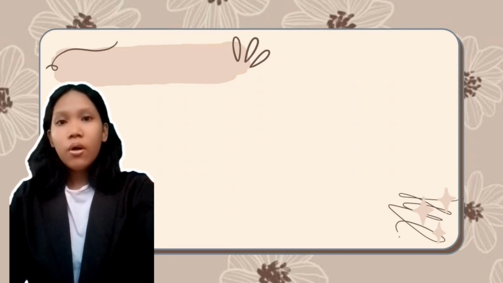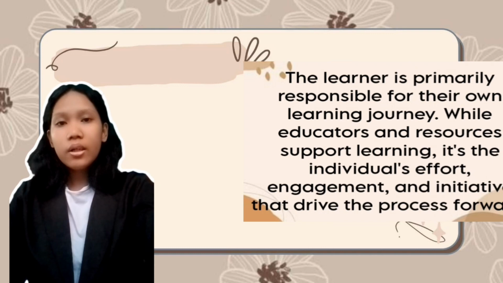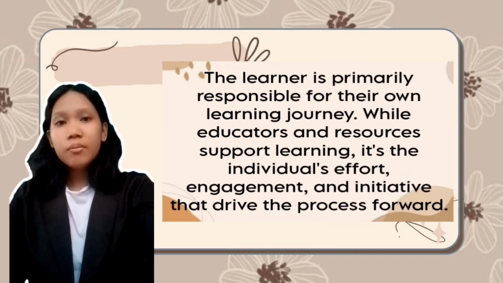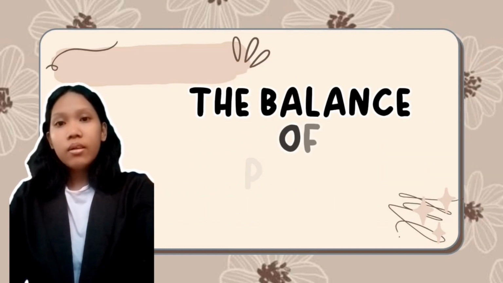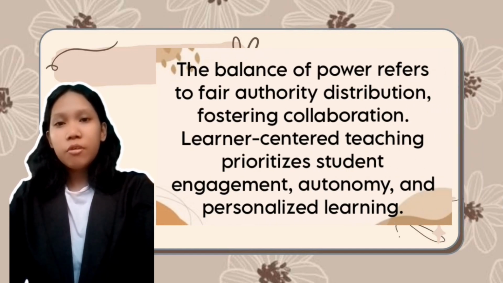The third, who should take responsibility for learning. The learner is primarily responsible for their own learning journey, while educators and resources support learning. It's the individual's effort, engagement, and initiative that drives the process forward. Fourth, the balance of power. The balance of power refers to fair authority distribution, fostering collaboration.